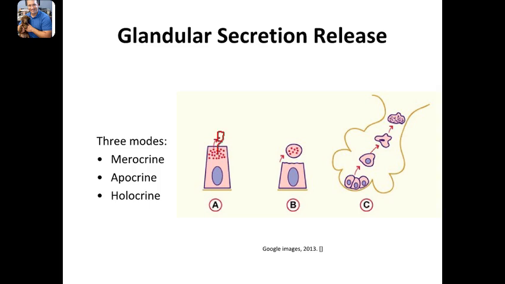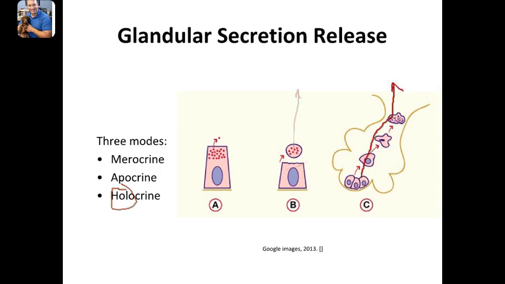In the case of apocrine glands, the apical aspect of the cell actually breaks off, and this little vesicle is sent off. And then holocrine, you'll think of whole, because it's going to produce a cell here, and that whole cell is going to be transformed into the secretion and spat out.